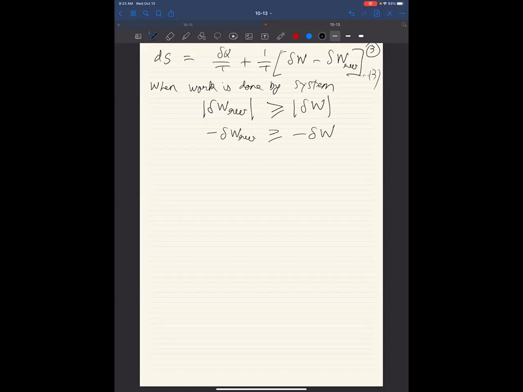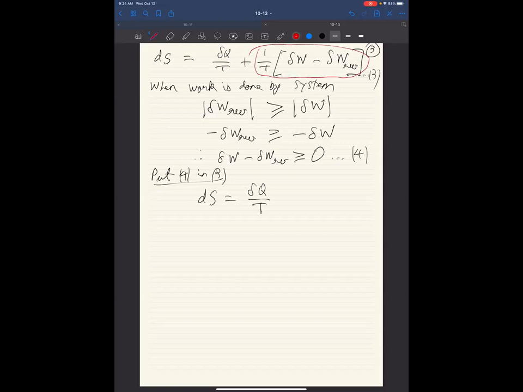Cool. So let's manipulate this. This means delta W minus delta W reversible is more than or equal to 0, right? Call this 4. Let's put 4 in 3, and then we get the main inequality that's of interest to us today. When we put 4 in 3, what do we get? dS is equal to delta Q by T plus something. And what can we say about this thing now? Is it positive or negative or 0?